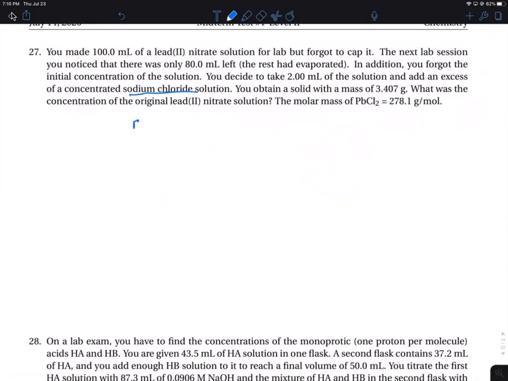So what's going to be left over is Pb2 plus and Cl minus, which form the solid PbCl2, and there's going to be a 2 there if we balance it. Okay, so that means we can go ahead and convert into moles of ions. The solid PbCl2 has a mass of 3.407 grams. Let's convert that into moles PbCl2.